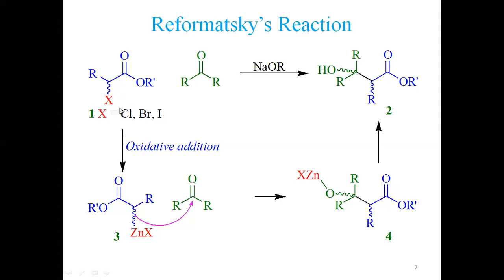Oxidation of what? Oxidation of the metal. So when we are reacting this with zinc, zinc is in the zero state. It has zero oxidation state. But when it results in the formation of this product, you see the same carbon, this one, is not bonded with X. It is bonded with zinc. Zinc is bonded with X, right?